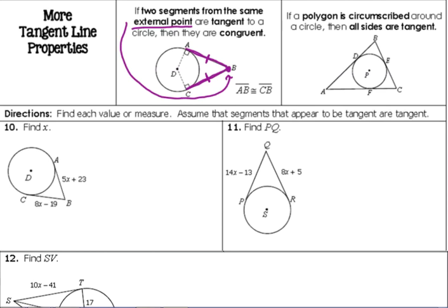If they're tangent, then these pieces are congruent. Now, they're not all congruent to each other. I think it's pretty clear from the picture here. But BD is congruent to BE. EC is congruent to FC, and AD would be congruent to AF.